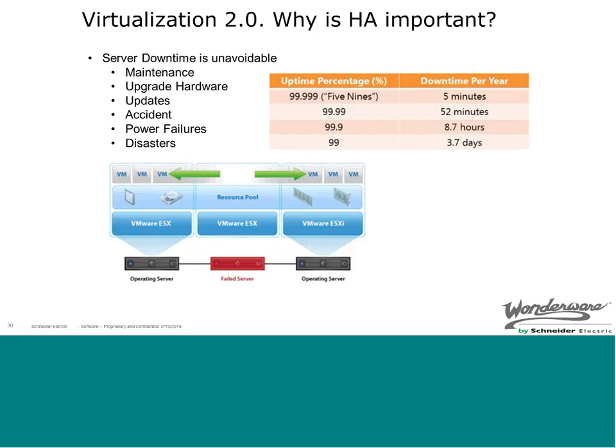So adding redundancy or high availability, HA for short, helps you prevent server downtime, which is unavoidable for a single physical box.